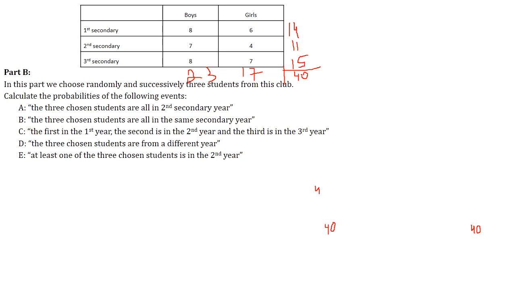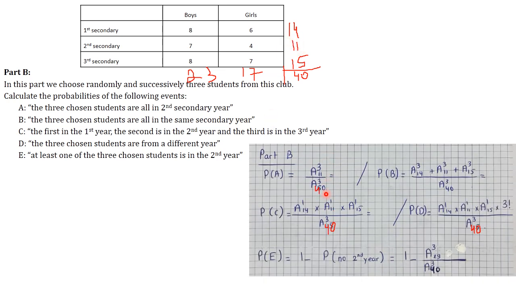Okay, but now we have 3 students that are chosen randomly and successively, and I need to calculate the probability of each of the following events. The 3 chosen students are all in the second year. So the 3 students are in the second year, means A3 11 over A3 40, okay. I don't know why I'm putting 50. So let me change it, it's 40.